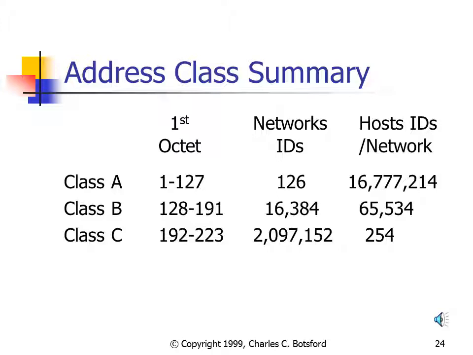There are over 16,000 different Class B network IDs, and each Class B network ID can support over 65,000 host IDs. For Class C networks, there are over 2 million possible network IDs, and each Class C network ID supports 254 different hosts.